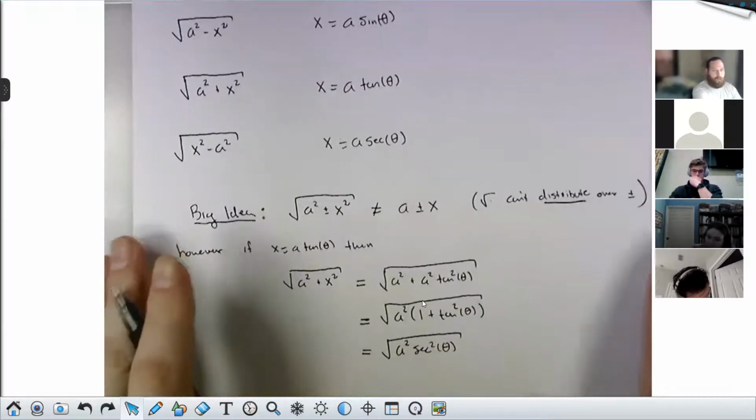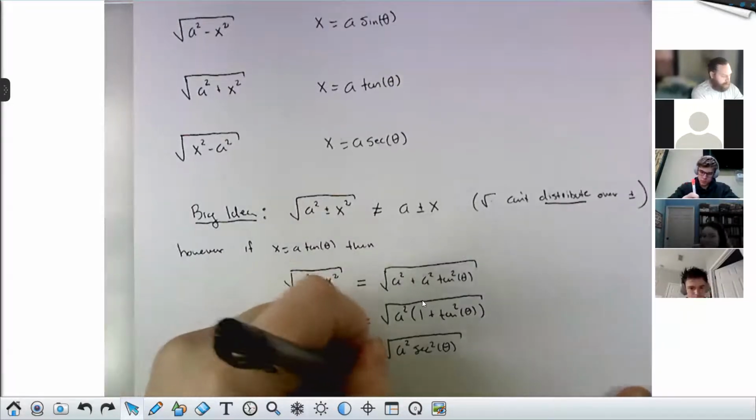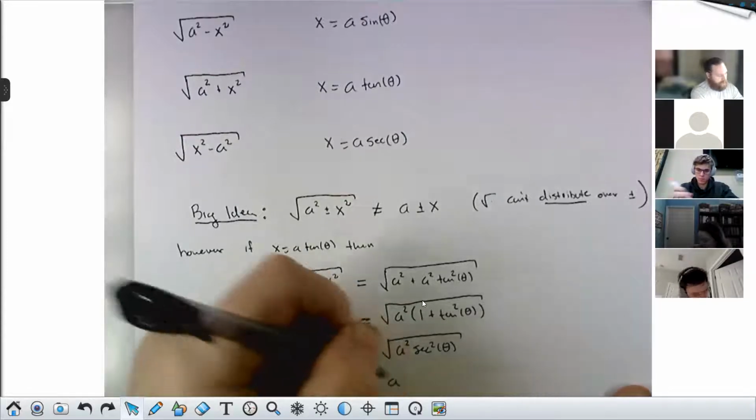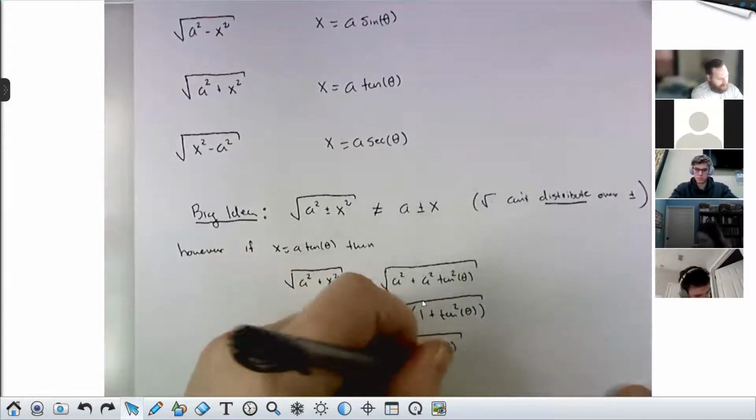And you cannot split up a square root over addition or subtraction, but you can split them up over multiplication and division. So now I can take the square root of a squared, which is a, and the square root of secant squared, which is secant.